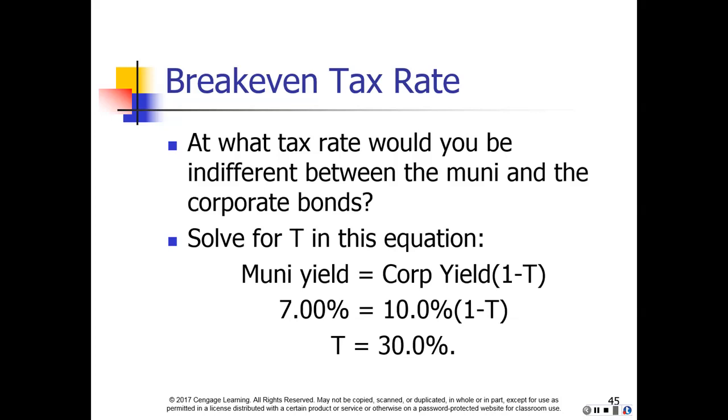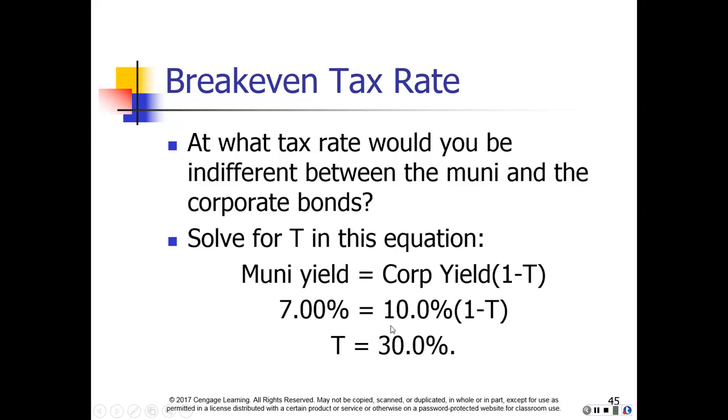So then the question is, what should be my marginal tax rate before I'm indifferent between the two? And so we take that 7%, which is the municipal bond yield, and look at what T would give me an equivalence where 7 equals 10 times (1 minus T).